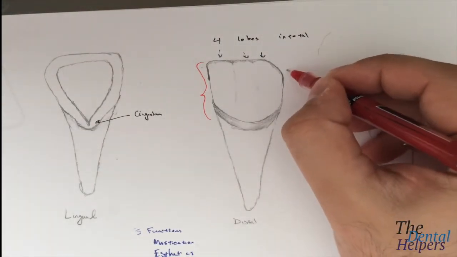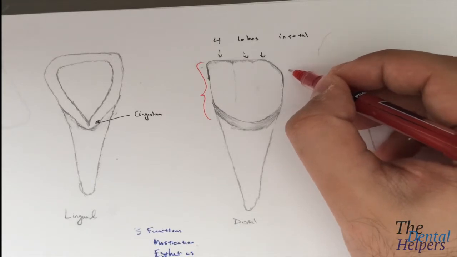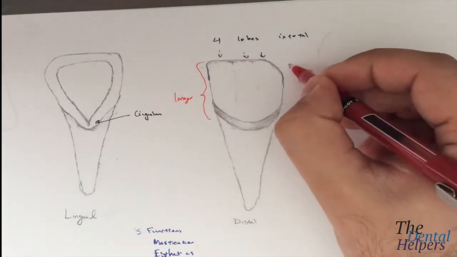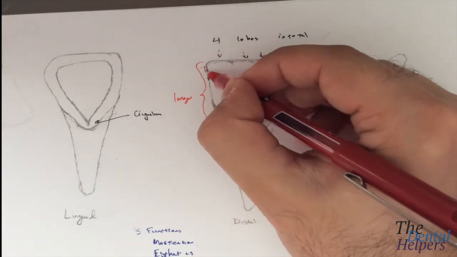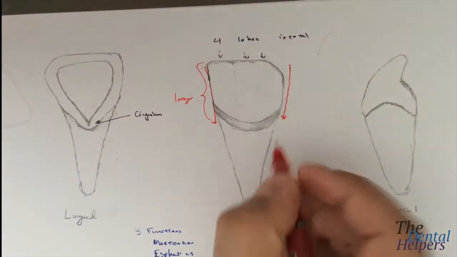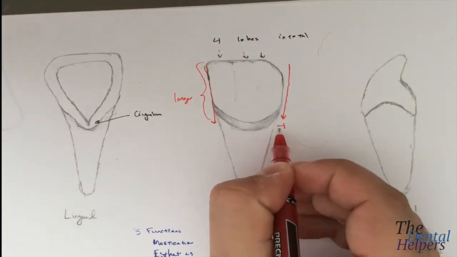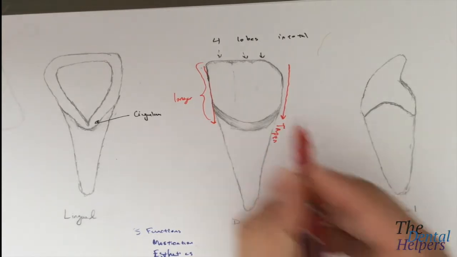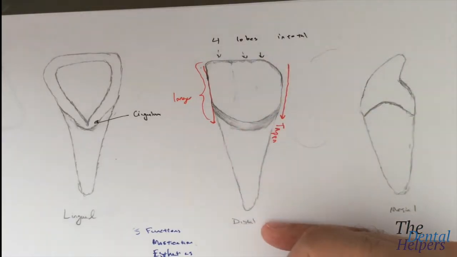If we look at how this tooth is shaped, we see that it tapers as you're going down to the root. A nice thing to know is that it tapers from the crown to the apex of the root.